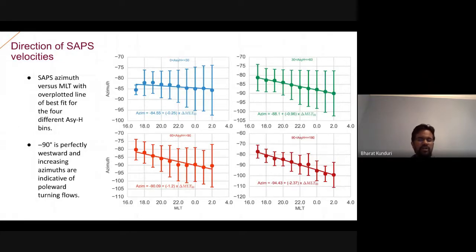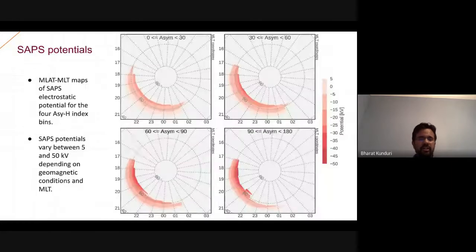And we use a method called L-shell fitting to determine the direction of SAPS flows from the SuperDARN radars. Another thing that we did was calculate SAPS potentials by converting the velocities into electric fields and then using the width of the SAPS flows to determine the potential drop across the SAPS channel.